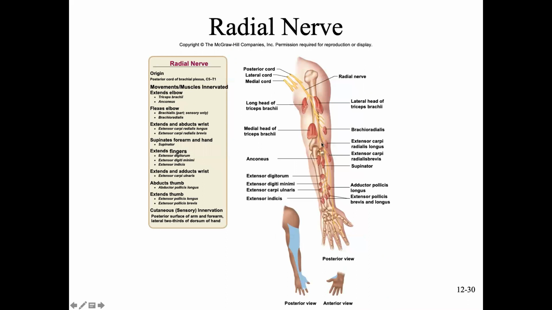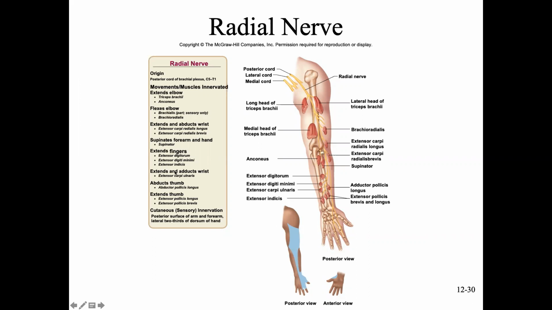Radial nerve, posterior. What do I want you to know? Flexion of the elbow. No, better yet, not flexion, extension of the elbow, because it's posterior, right? So it's going to arise, come out, and it's going to allow us to have extension of the elbow, meaning it's going to innervate the triceps. And it's going to give rise to, as well, the region of the tricep and the extensor muscles in your forearm.